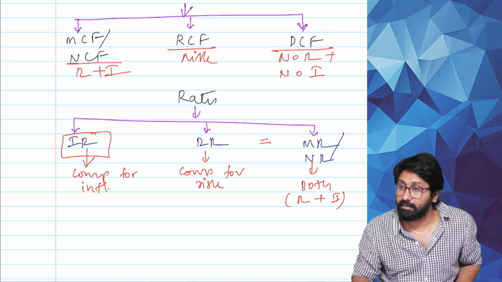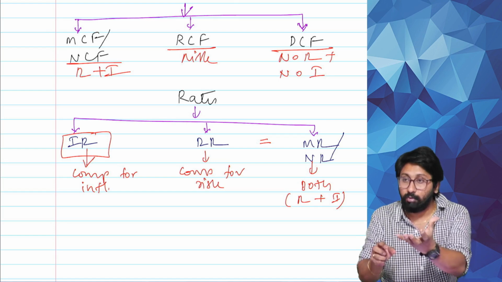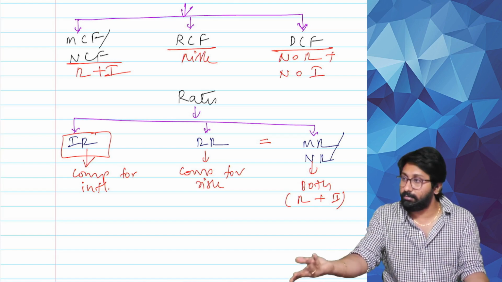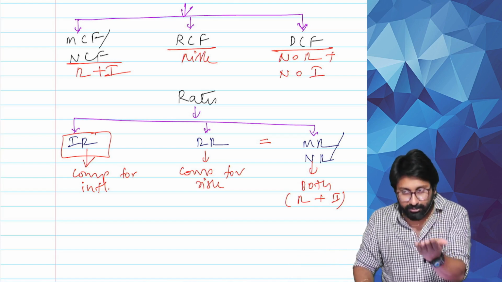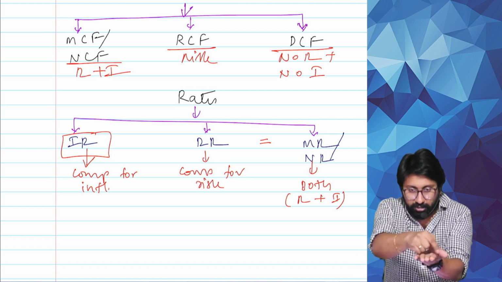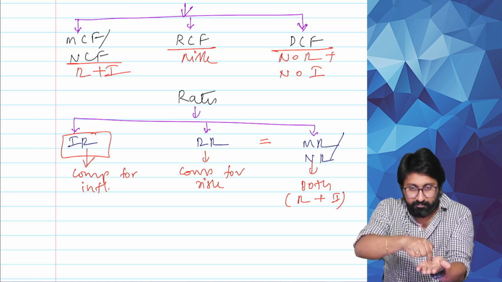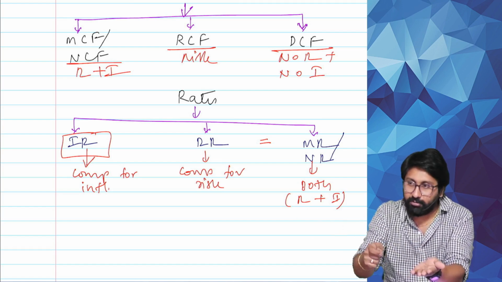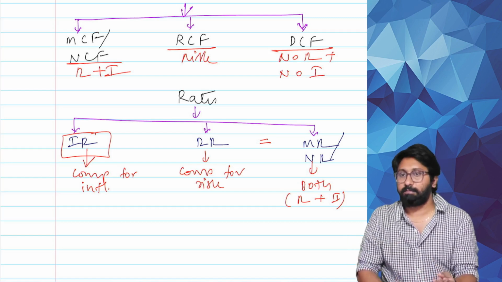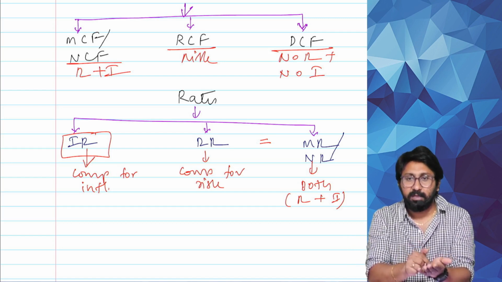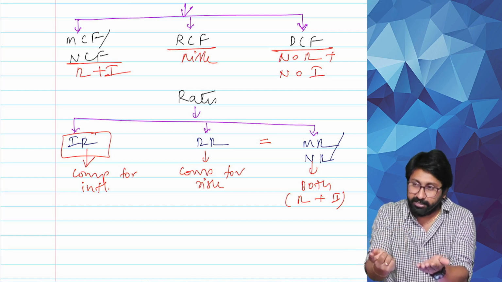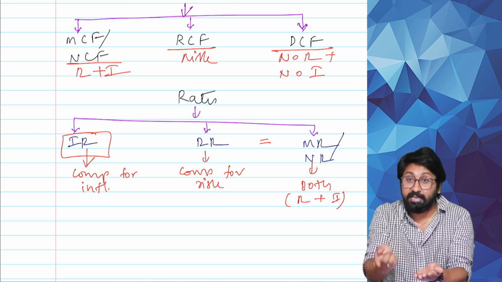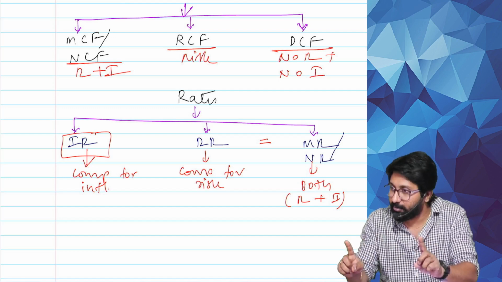If I have to remove something from the cash flow, what should I do? Take a cash flow. In this cash flow, what are the two things there? First risk, second inflation. We wanted to remove risk. What should I do? Discount with RR. I want to remove inflation. Discount with IR. I wanted to remove both. Discount with MR directly.